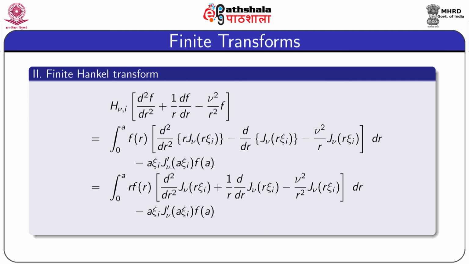We obtain the finite Hankel transform of the expression d2f by dr squared plus 1 by r df by dr minus nu squared by r squared f, which is equal to the integral from 0 to a of r f(r) into [d2 by dr squared J_nu plus 1 by r d by dr of J_nu minus nu squared by r squared J_nu] dr, minus a xi_i J_nu dash into f(a).